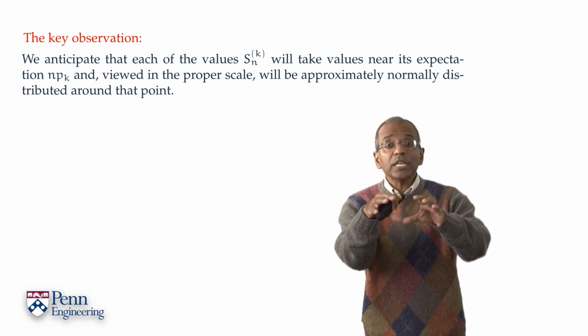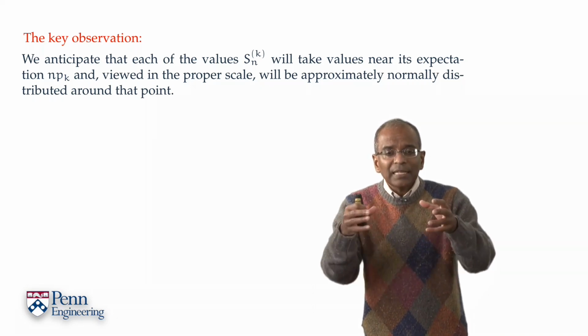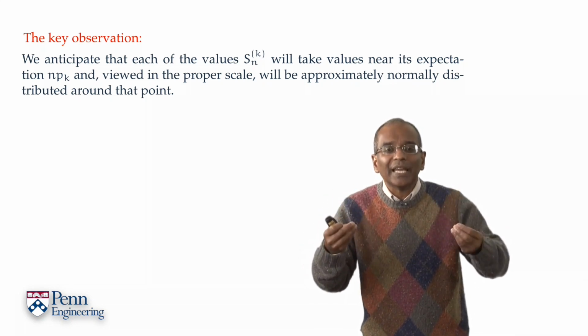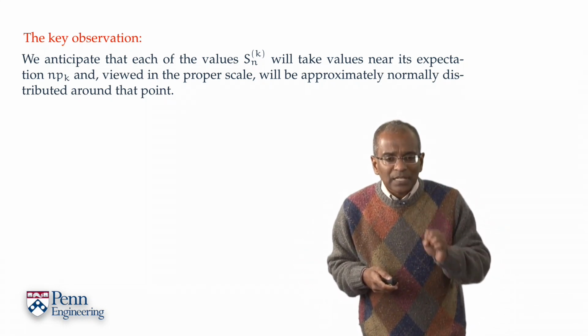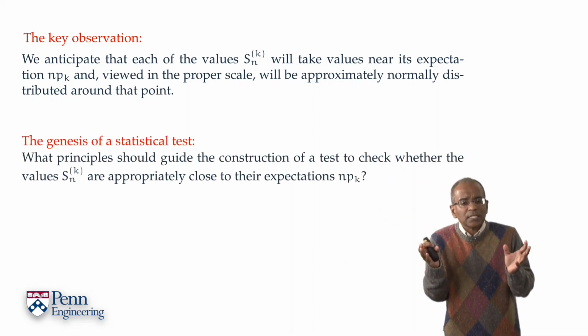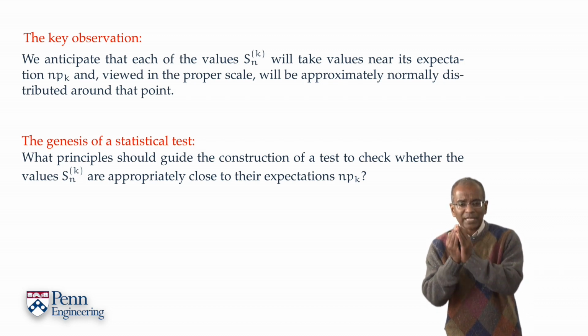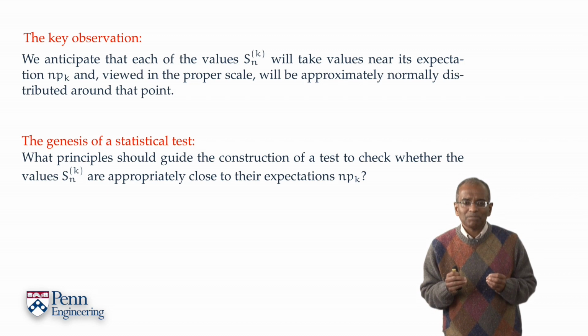And if we view this properly by centering and in the proper scale, then these values Snk will behave normally like a bell curve around the expectation. This is the key idea. And so, what is our statistical test? Well, we want to compare the values Snk with n times pk.